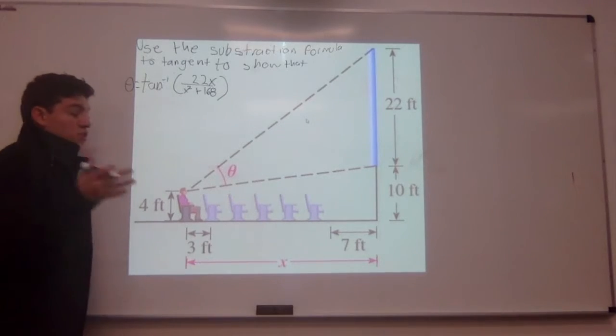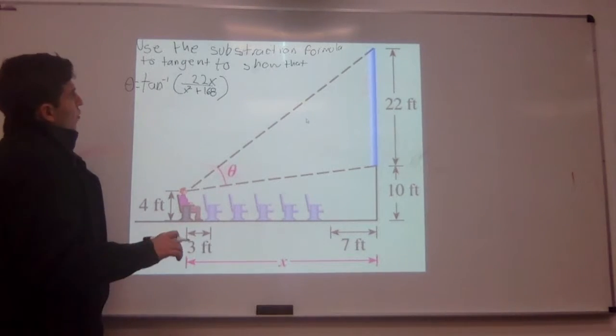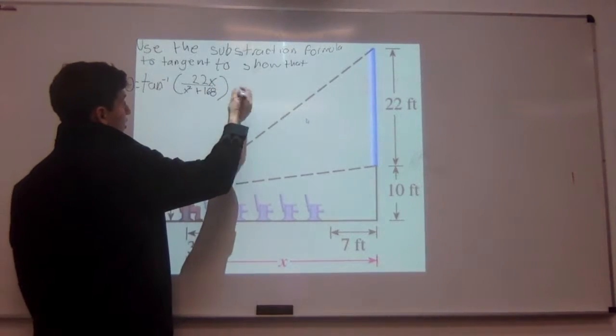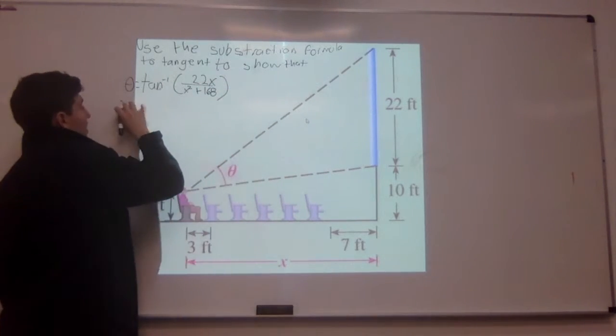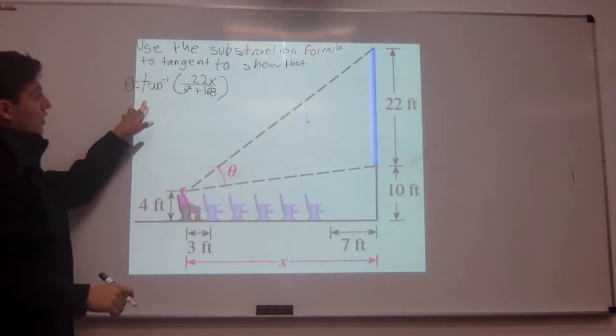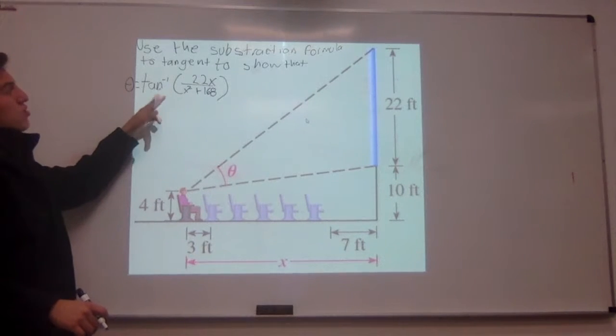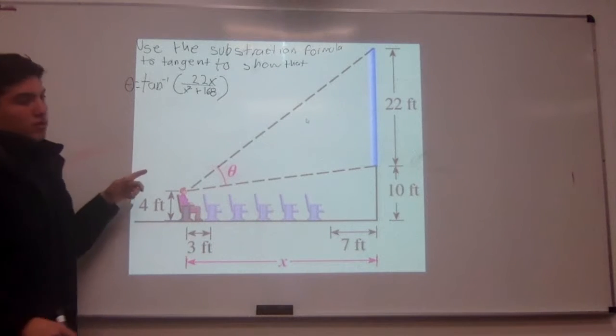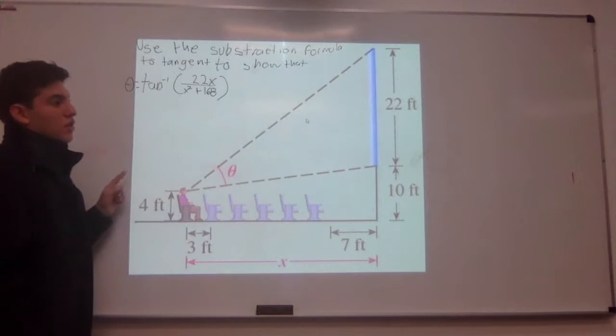Okay. With the explanation of the last problem, we have now used the subtraction formula for tangent to show that theta is equal to arctangent of 22x over x squared plus 168.